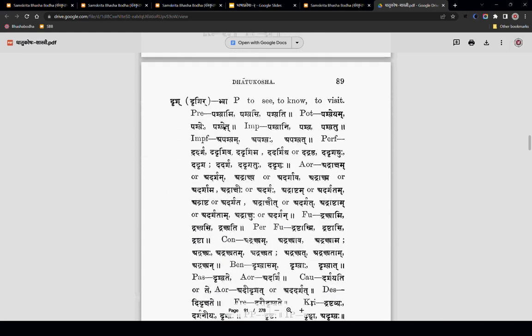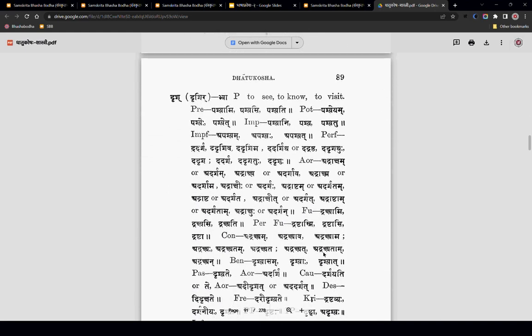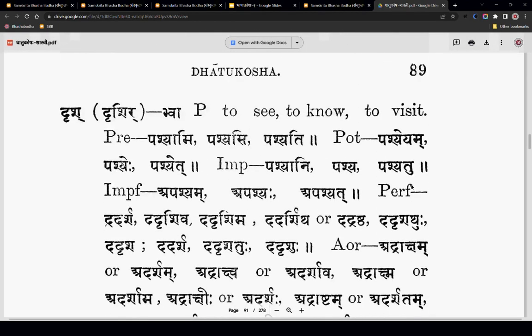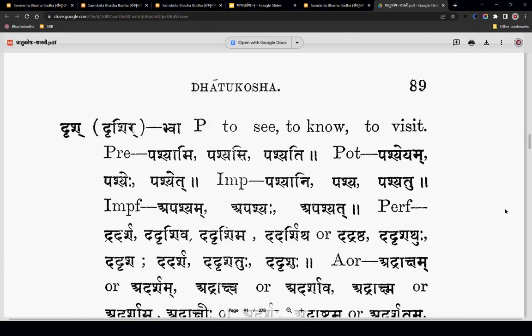Here it is given, Drishya. So the kosha is the reference. That's the actual reference. We need to refer to the kosha to find out what gana it is.